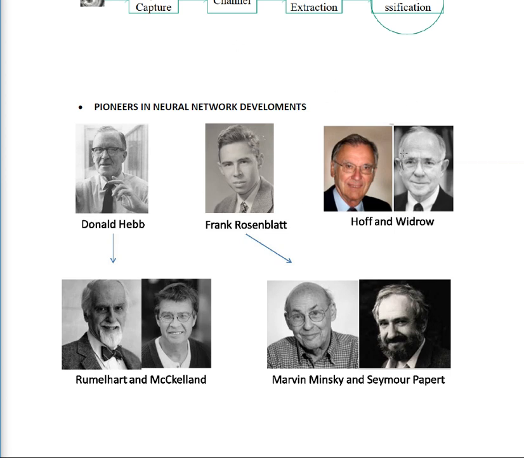Here, as you know, when we talk about a neural network, a neuron is normally considered as an adaptive element. That means in the neuron we have a weight, and that weight we have to modify, and it can be modified depending upon the input signal it receives and the output value it is going to produce.